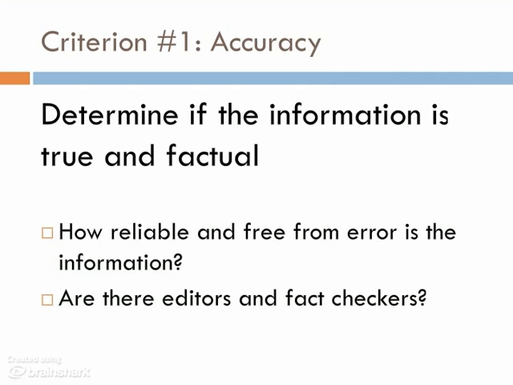If you're reading along and there are some facts that you don't think are true, then the information probably isn't very reliable. Also, are there editors and fact checkers? So did someone check to make sure that the information was true before this was published? So these are some questions that you can ask yourself when determining if the information is accurate.